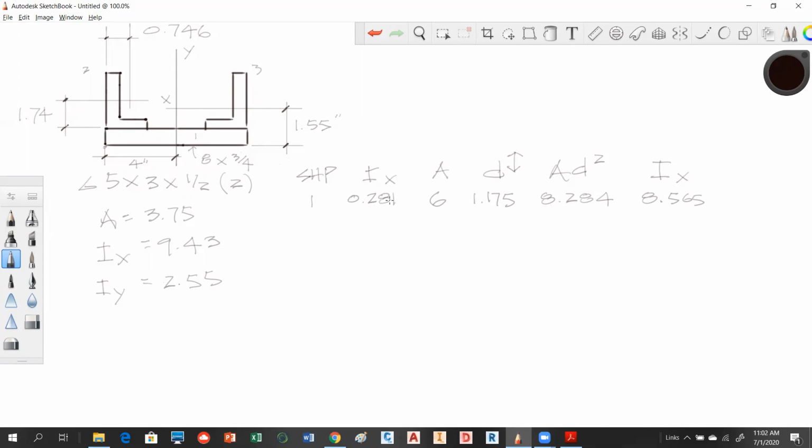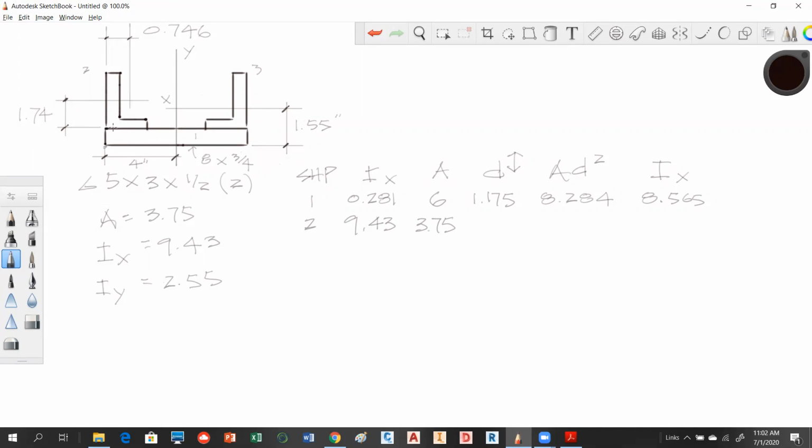Okay, let's look at shape 2. Shape 2, the IX rather is 9.43. Its area is 3.75. So from this axis to that axis, that difference right there would be 3/4 plus 1.74 minus 1.55.